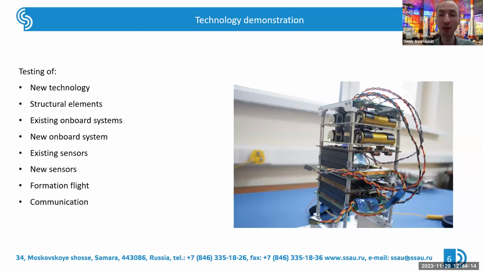So we can spend not a lot of money if something goes wrong with the new technology in space, because space is quite an aggressive environment to our devices, and that's why it's cheaper to test new technologies using small satellites before we start to use them in big projects.